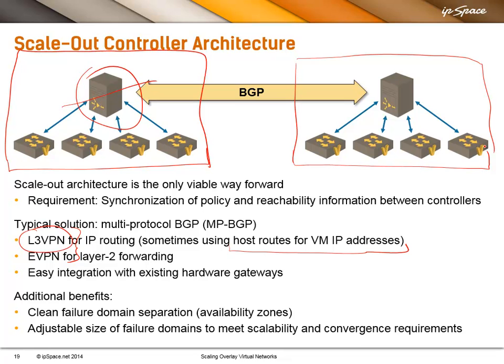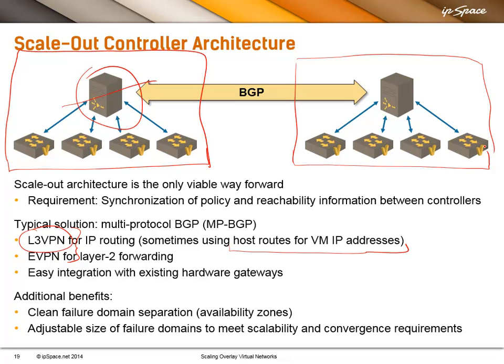Also, if you have a scale-out architecture, it's possible to adjust the ratio of controllers to hosts. So maybe you want to have small availability zones or failure domains so that if the controller crashes, you only lose a few tens of hosts. Or maybe you want to keep things simpler and you have one controller per 100 or hundreds of hosts. And also it depends on how quickly things change in your environment.